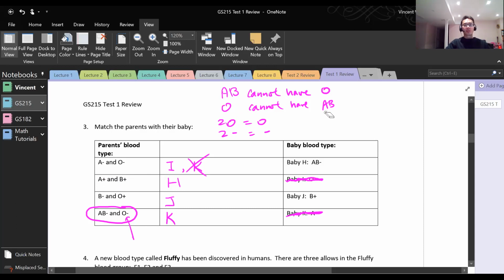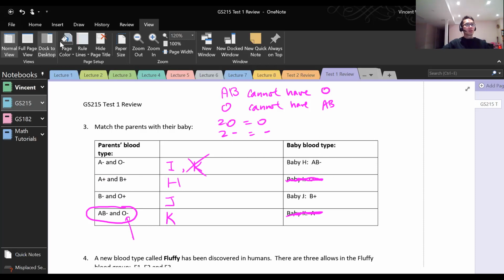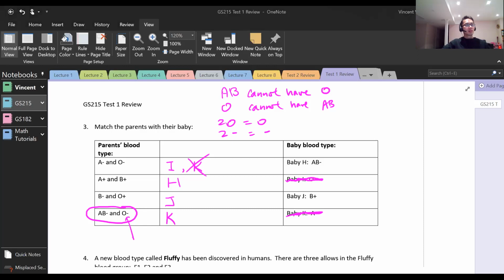In order to have an AB baby, you have to pass on either IA or IB, and if you're type O, then you only have little i to pass on. So if one of the parents is type O, it's guaranteed your child will not be AB. Does that answer your question? Can you clarify your question, please?